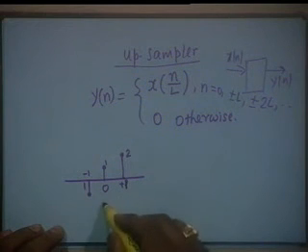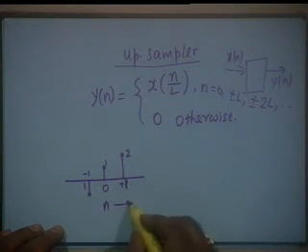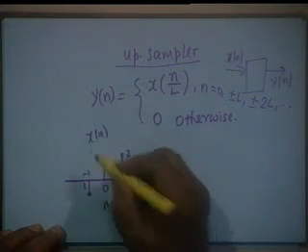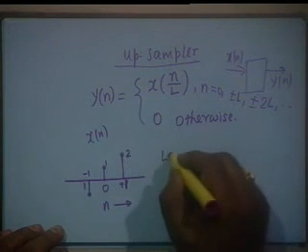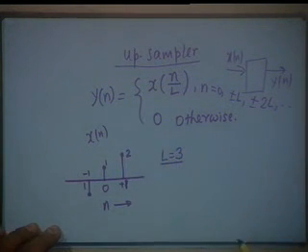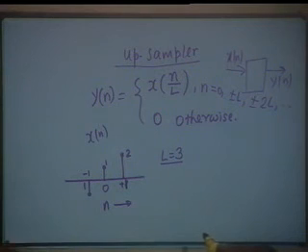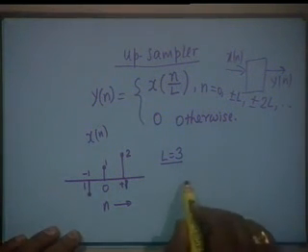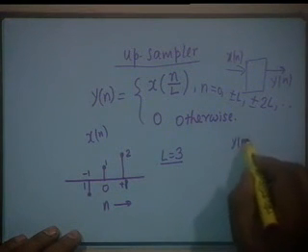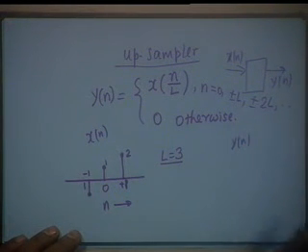Suppose this is my signal x of n, and suppose L equal to 3, L is an integer number. What happens to y of n? Let us try to draw this.